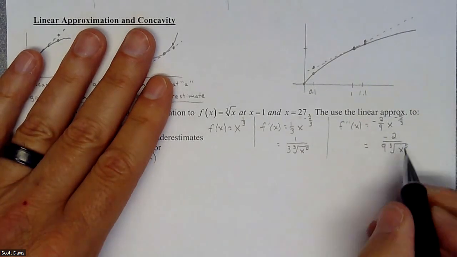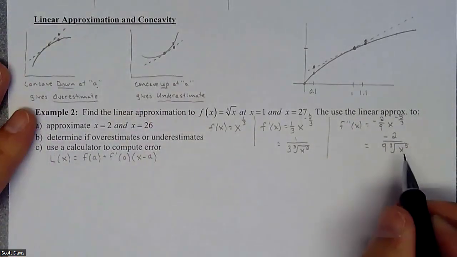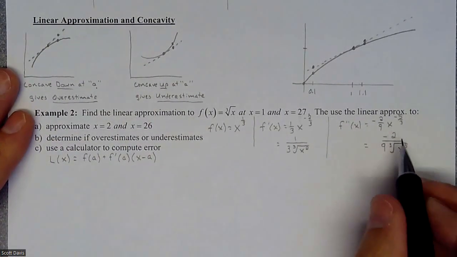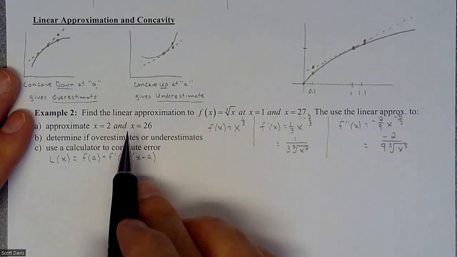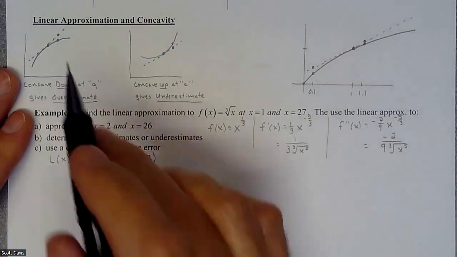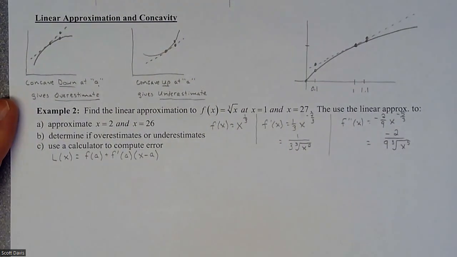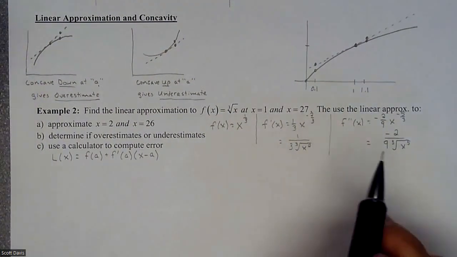Right. So I'm going to use that. Nothing crazy on that one, but I'm going to use it to figure out whether it's positive or negative to know if at that point it's concave up or concave down to help me determine if it's an overestimate or underestimate. So let's do the math now.